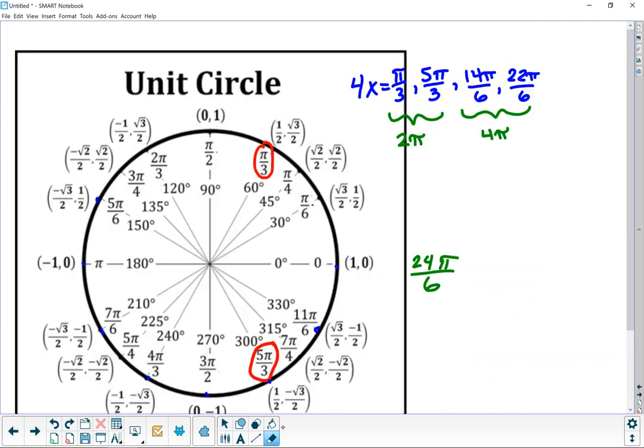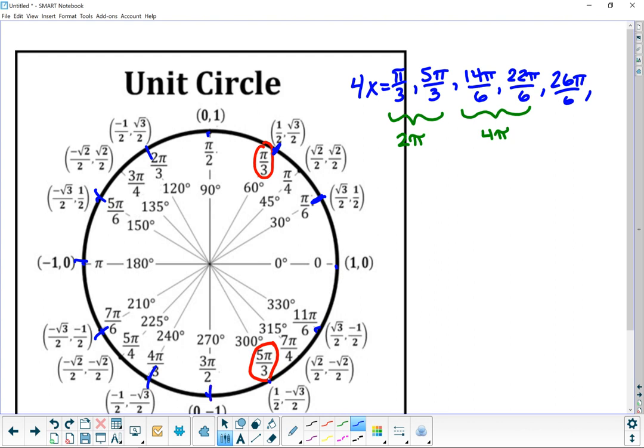So 24 pi over 6, 25, 26, right? So the next one's 26 pi over 6, 27, 28, 29, 30, 31, 32, 33, 34. And these next two are 6 pi, because 34, 35, 36, right? 36 divided by 6 makes 6 pi.